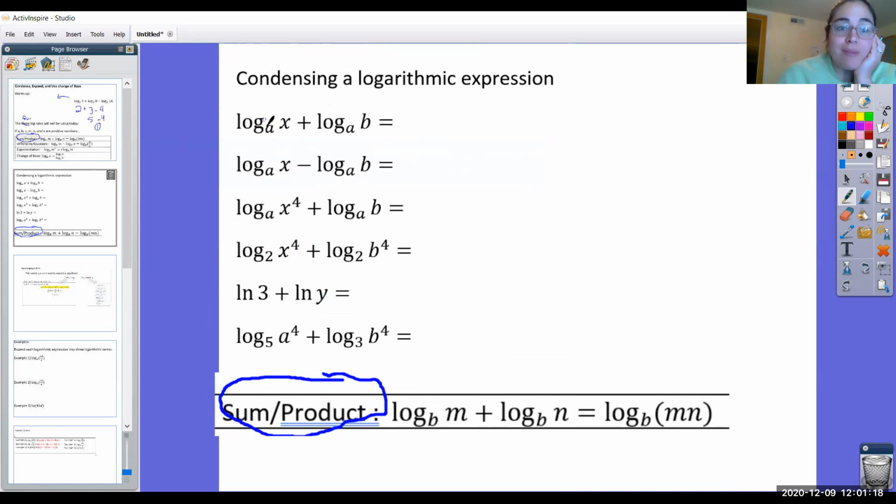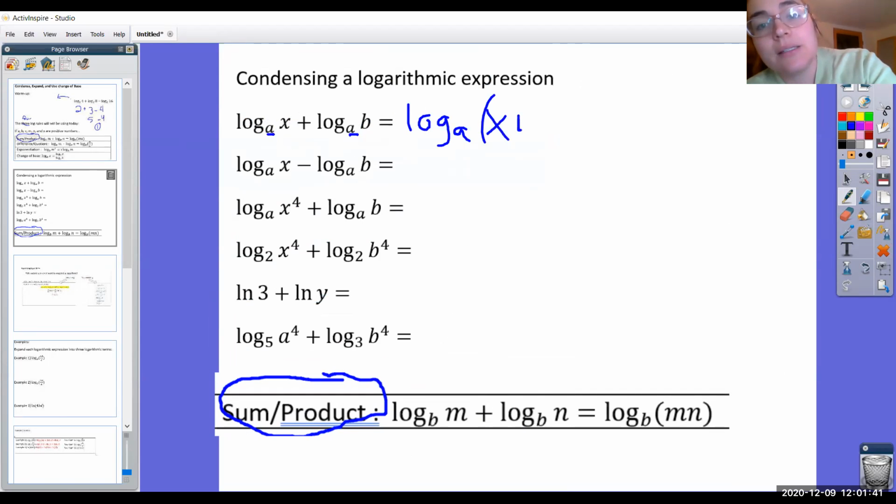So we have here log base a of x plus log base a of b. You see how they have the same base, a. So that means we can use this sum product rule. And because we have log base a of x plus log base a of b, we're going to rewrite it as log base a of x times b.